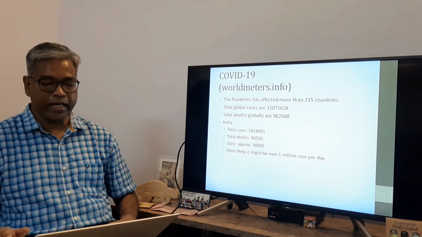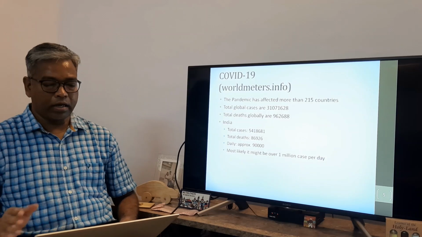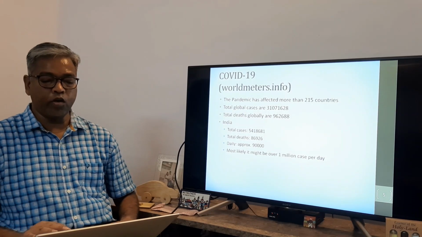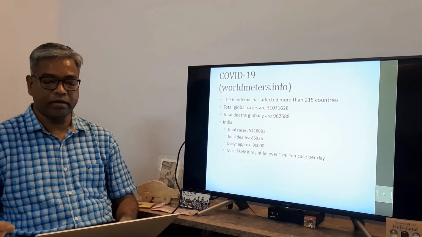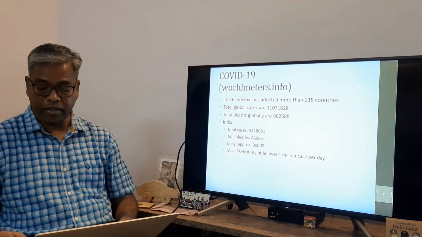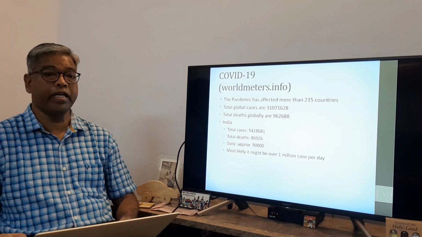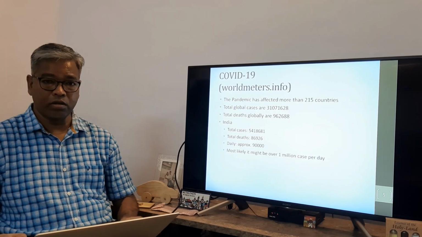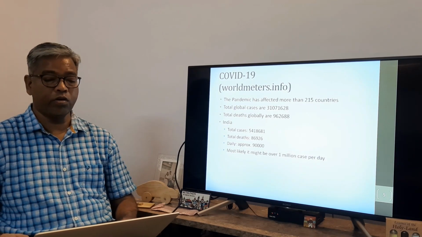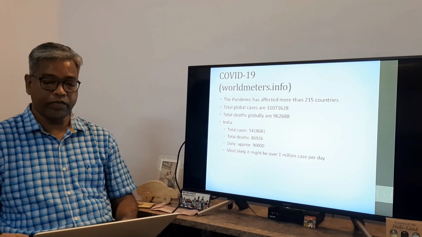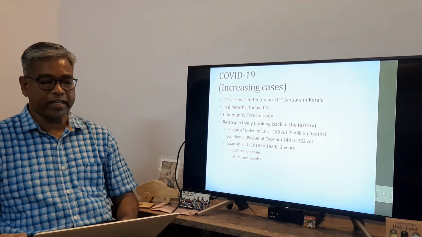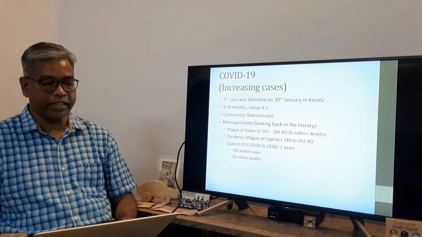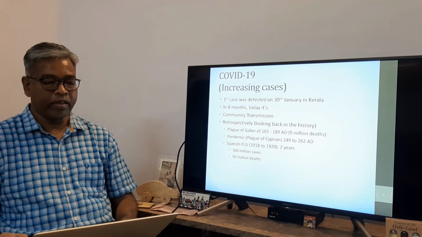Most likely it might be over 1 million cases per day in days to come. They say in January it will peak. 1 million is 10 lakhs. So that is the scenario of the infection and transmission of coronavirus. If you see these increasing cases of COVID-19, it's very alarming.